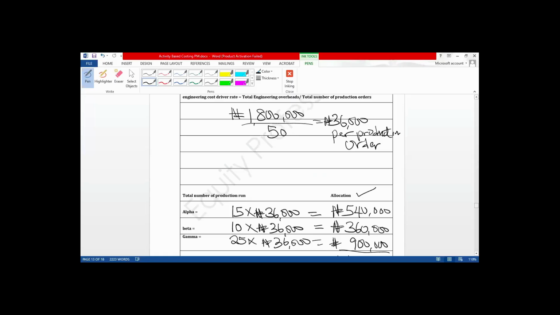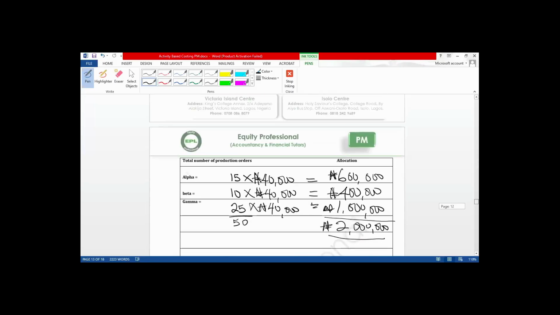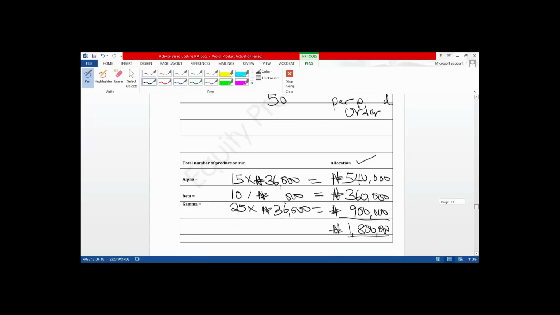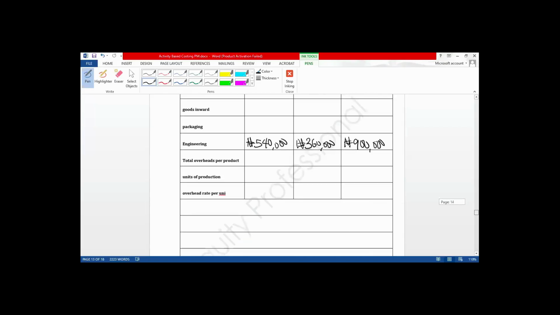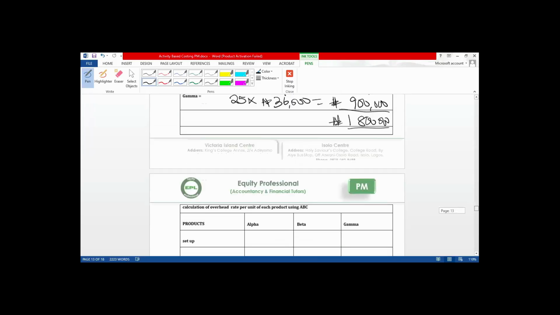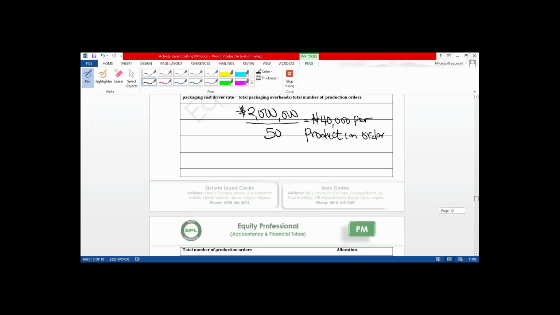Next, for packaging: Alpha 600,000, Beta 400,000, Gamma 1 million. You are picking. Next, go to goods inwards. Just follow it like that.